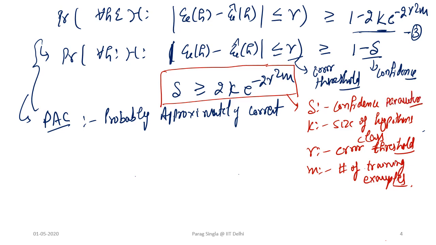Okay, and we will just rewrite this equation in multiple forms to get the dependence of one parameter on the others.